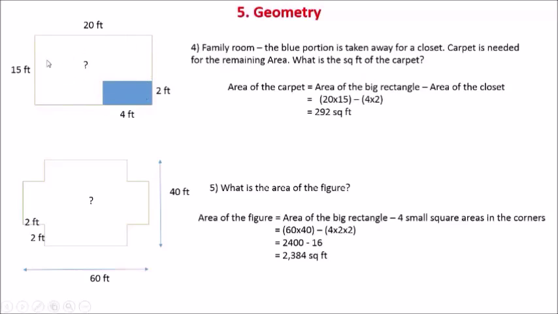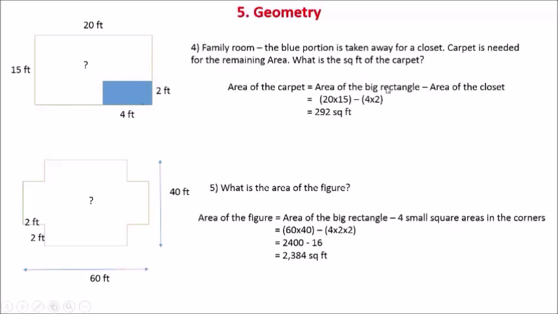Again, you need to work with the shapes that you already know. The big rectangle is 20 feet by 15 feet. You know how to calculate the area of that. And the little blue rectangle, you know how to calculate the area of that. The difference between them is going to give you the carpet area.